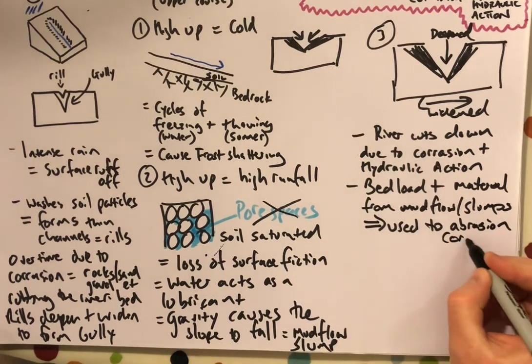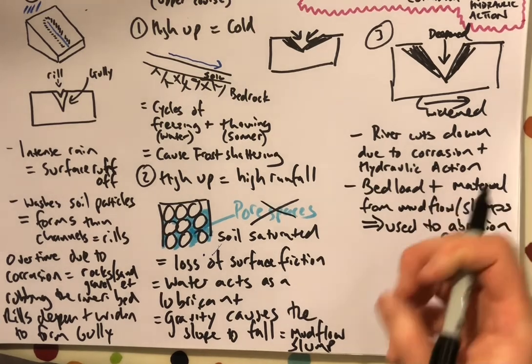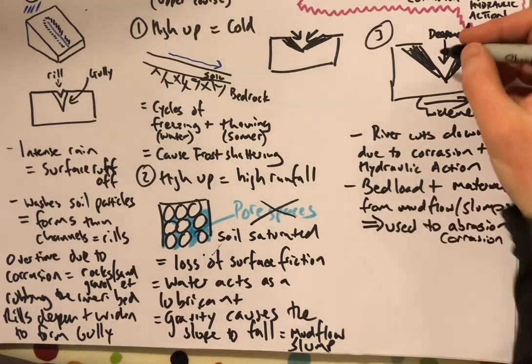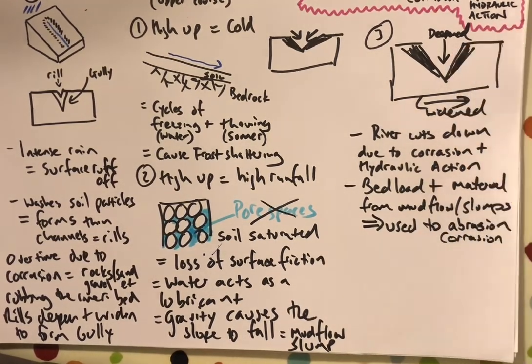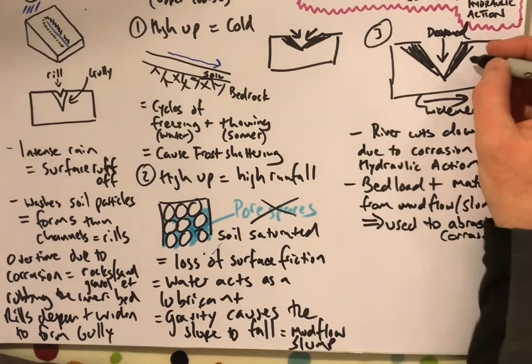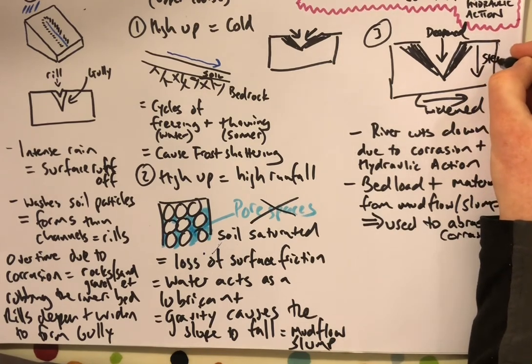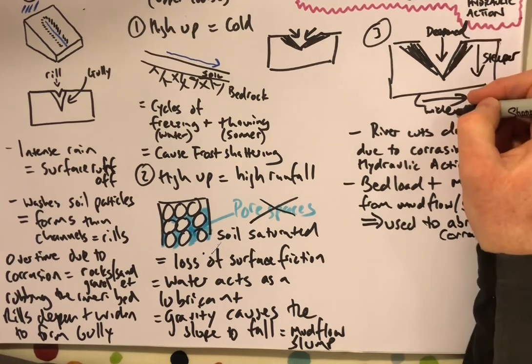So that is our corrosion. So these rocks will rub against the sand, will rub against the load, and it'll just be acting like a saw. It'll just be cutting and cutting and cutting deeper and deeper down, causing the valley to become much, much steeper, deeper and wider.